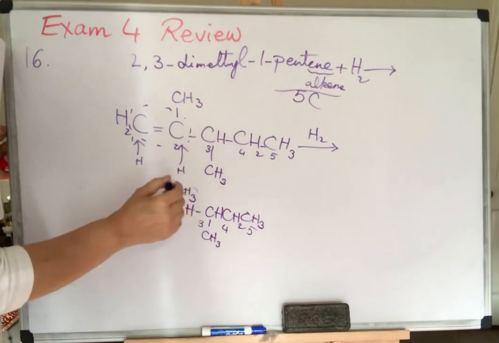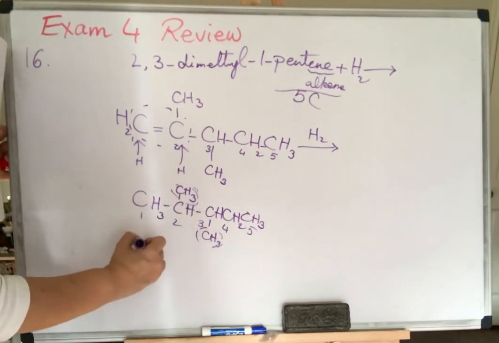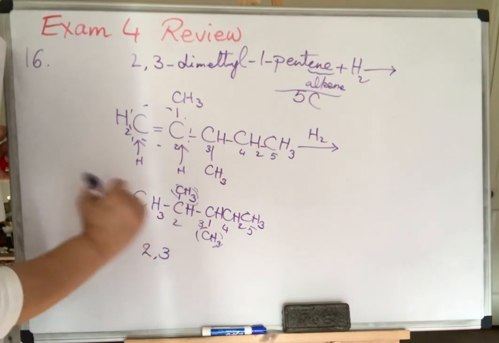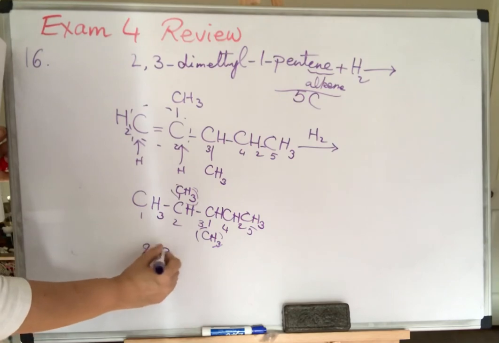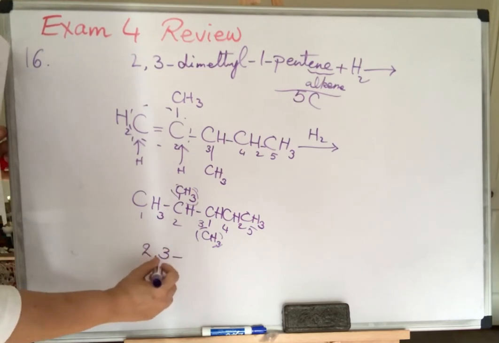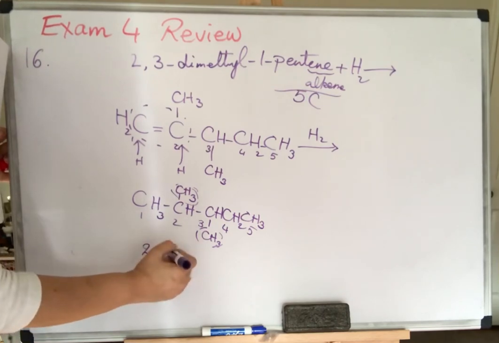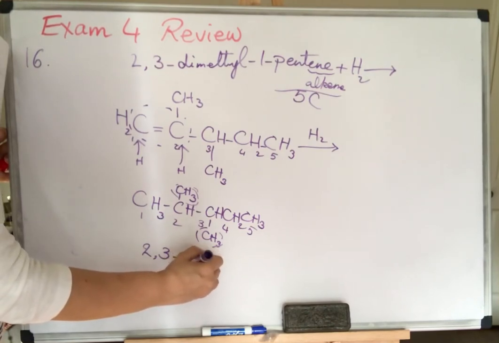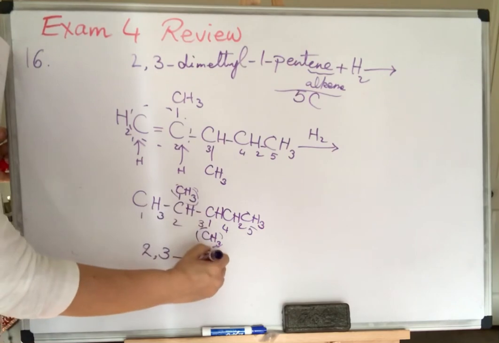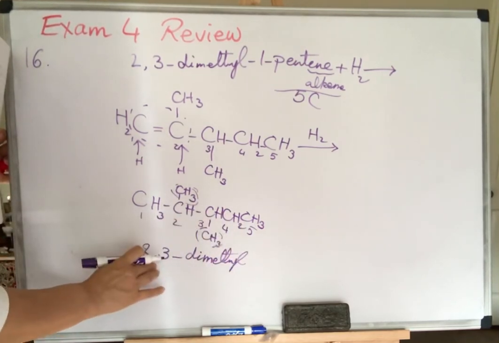Seems like 2 of the branches are the same. So both of them are methyl. But where are they located? On the 2nd and the 3rd carbon. Between numbers, we put a comma. Between numbers and letters, we put a single dash. If I said slash, I meant a dash. So you need to put di because both of them are methyl.